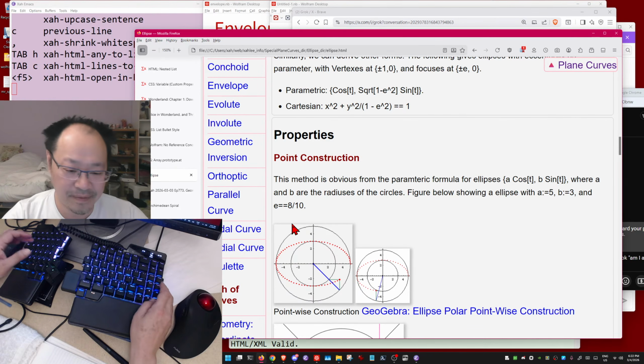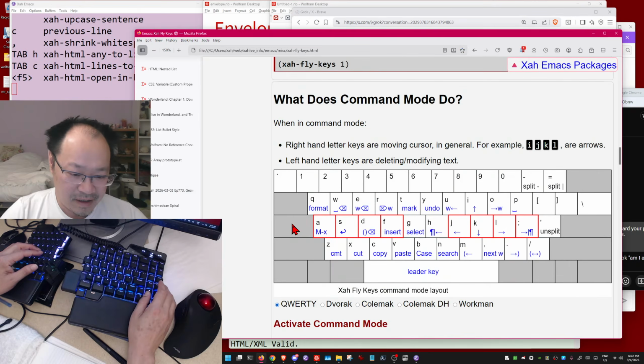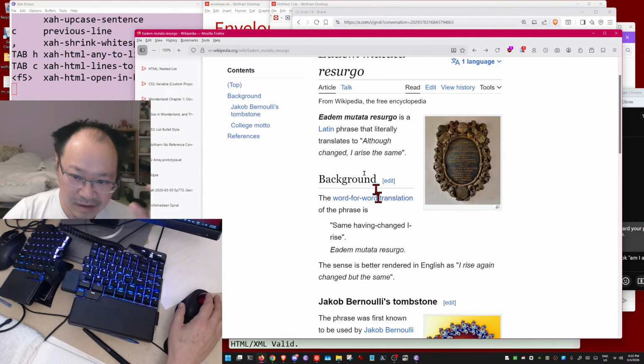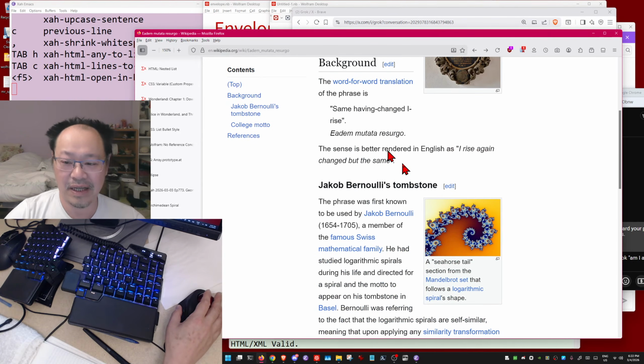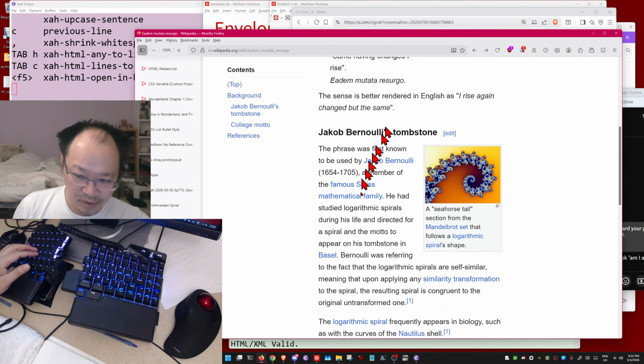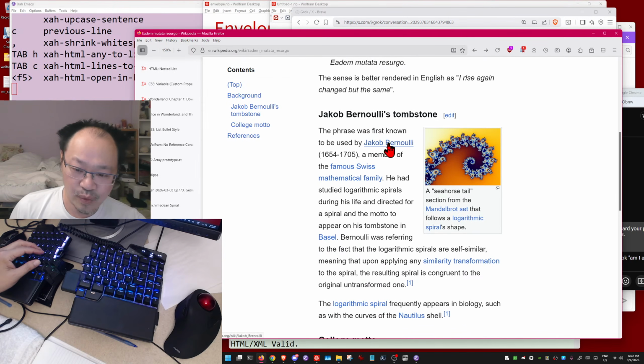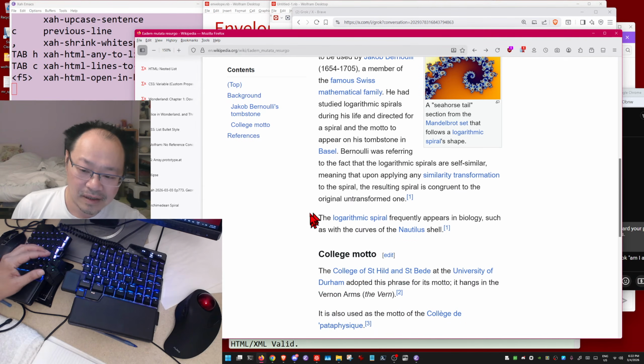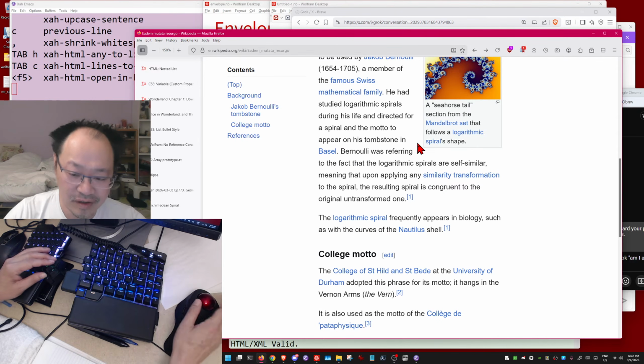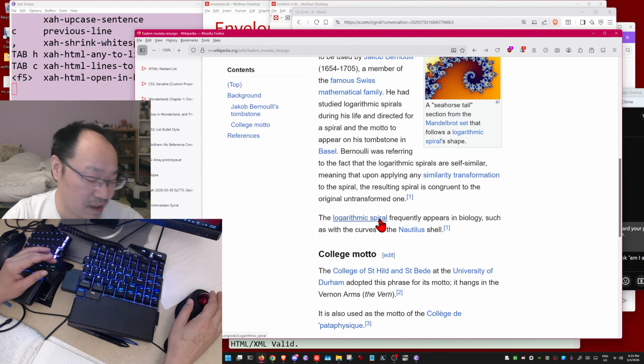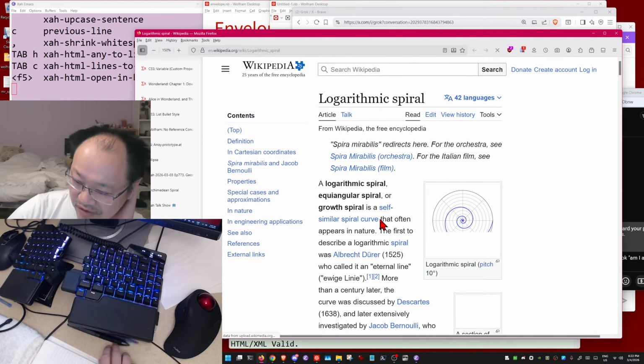That's Jacob Bernoulli, one of the great mathematicians. Of course, Wikipedia has an article on that. Wikipedia has all sorts of articles.